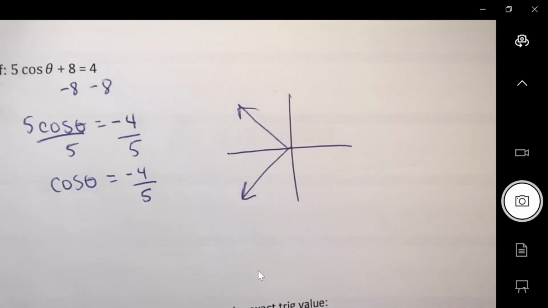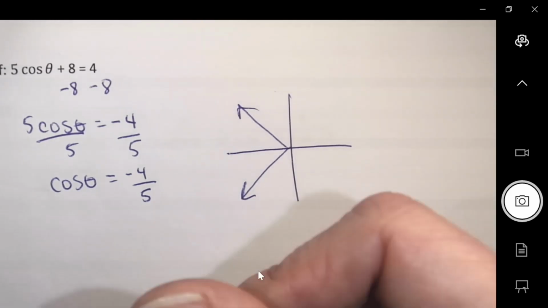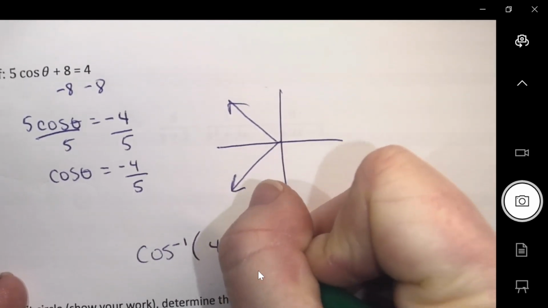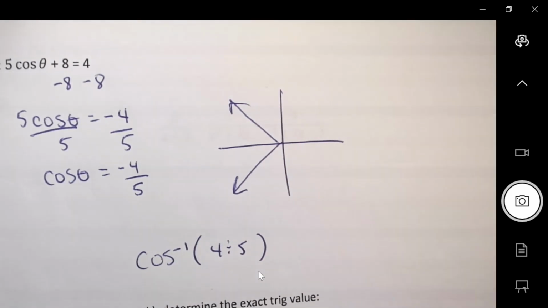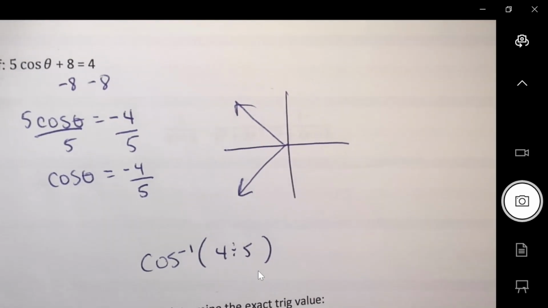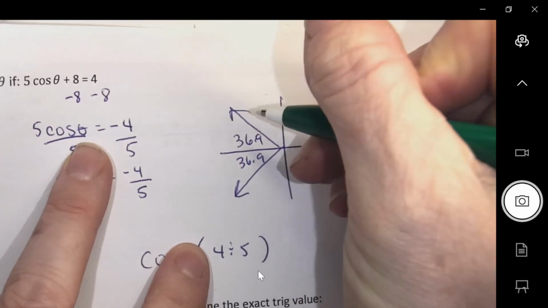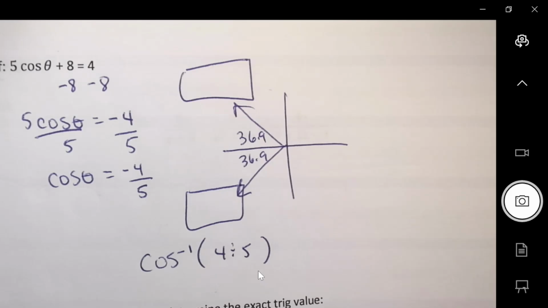Now, what's the second? ASTC is first. Second, I need my reference, and my type better be positive 4/5, bracket 4/5. I need all those things to think about. And you're going to have two answers.